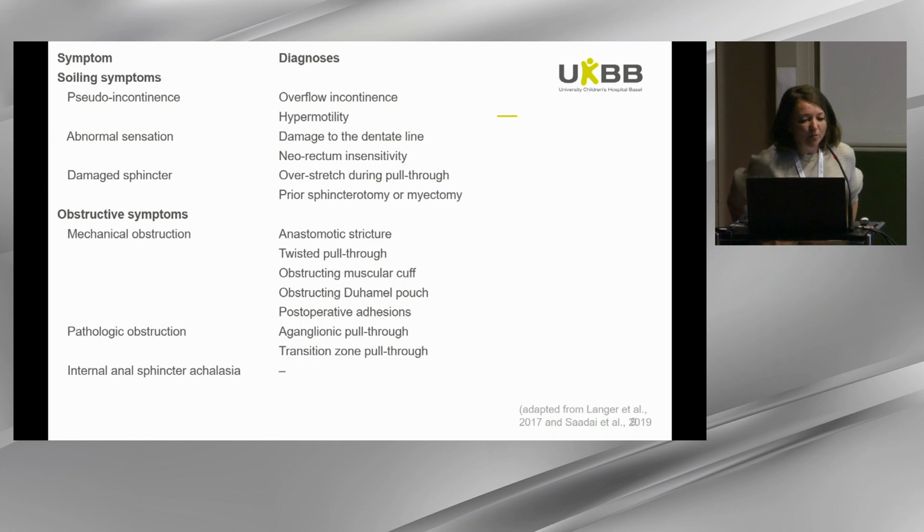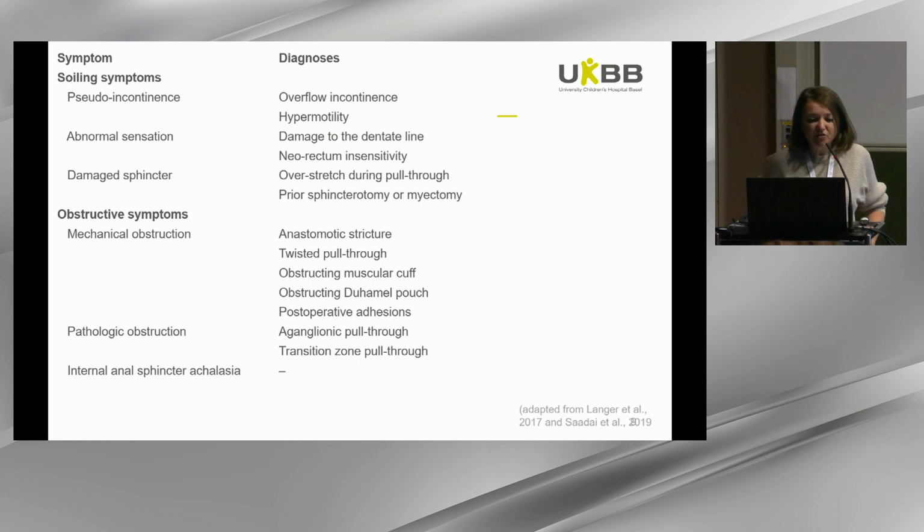Thinking about obstructive symptoms, of course, as after any other surgery, we can have post-surgical problems such as strictures or adhesions. So we need to have a contrast study and make sure the patient's not suffering from this. Has the pull-through been twisted?